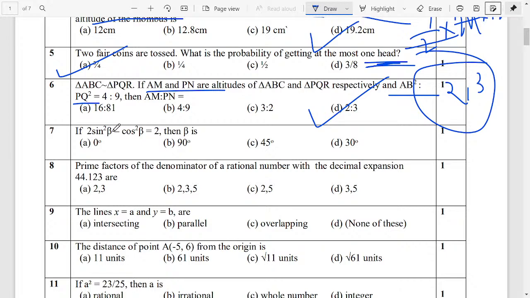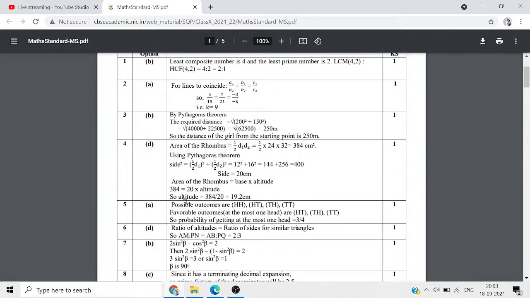Next question. If 2 sine square beta minus cos square beta is equal to 2, then what is beta? So this is, I would say, not a very easy question, because this needs a lot of hard work. You have to go a little bit into the depths. Okay, fine. Let's see.